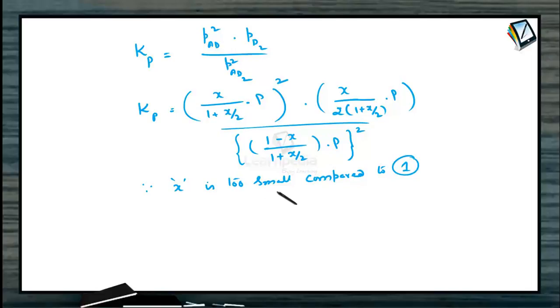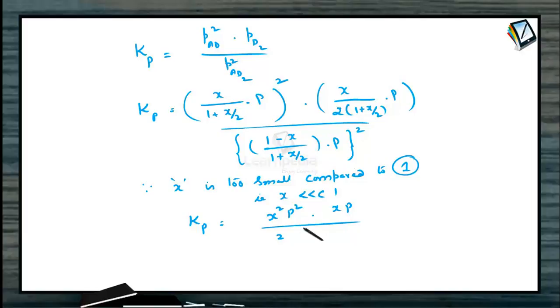So, making use of this, that X is too small comparing to 1, we can write Kp is equal to X into P to the power of 2, that is X square P square by 1 plus X by 2 will become 1 because X by 2 is too small comparing to 1, into X P by 2 into 1 plus X by 2 can be written as 1 itself. And here if you can observe 1 minus X is 1, 1 plus X by 2 is 1.